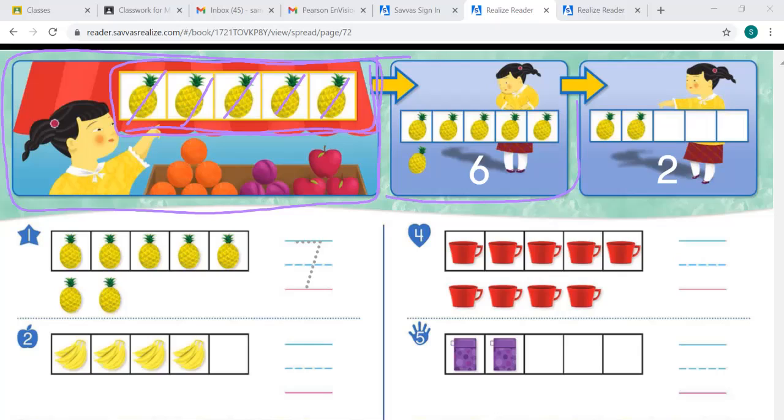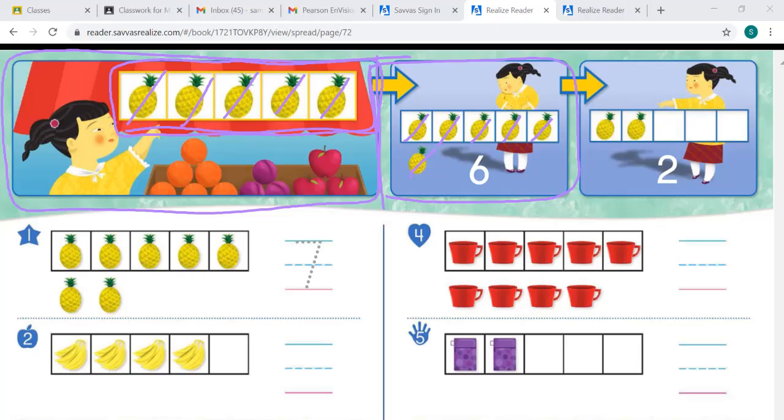Let's look at our next box over here. So how many pineapples are there now? Let's count them. 1, 2, 3, 4, 5, 6. There are 6 pineapples. Is 6 greater than 5 or less than 5?